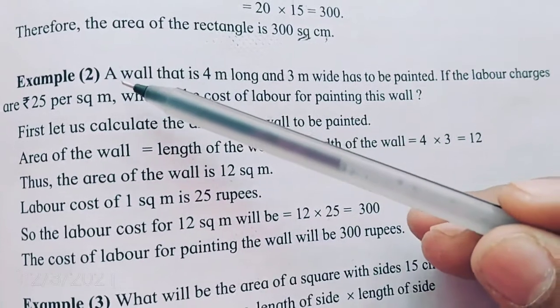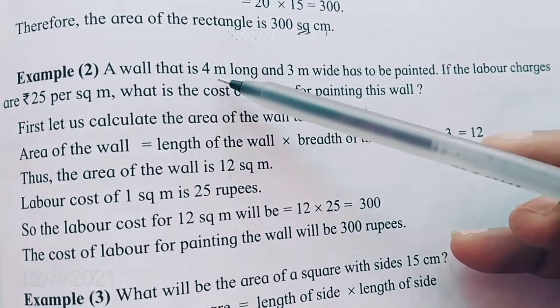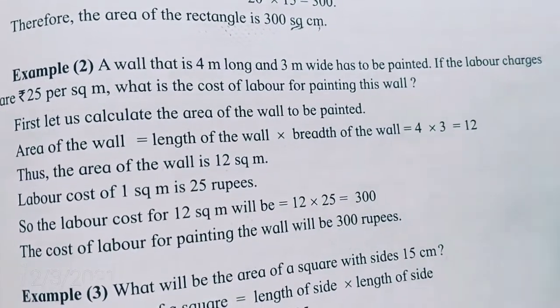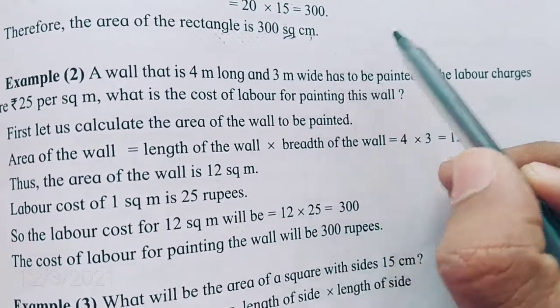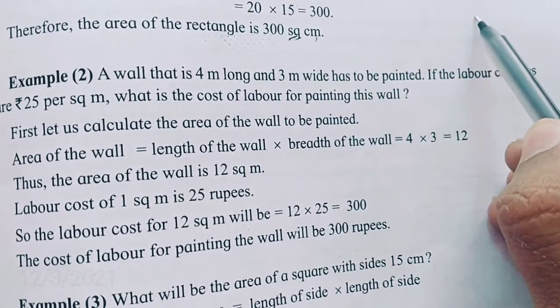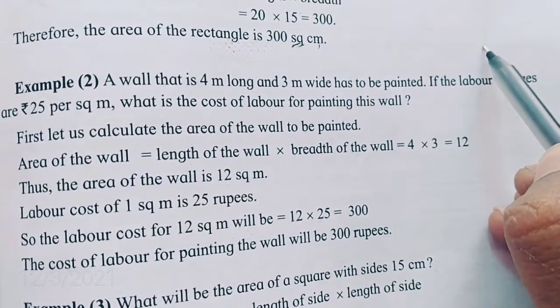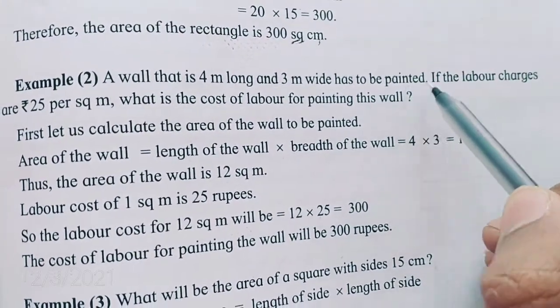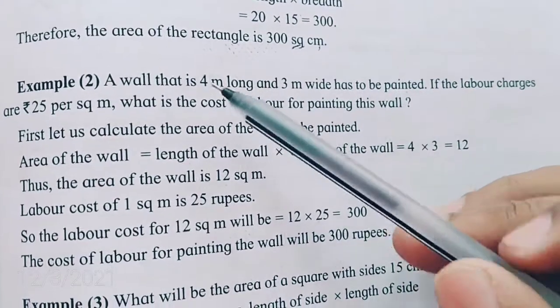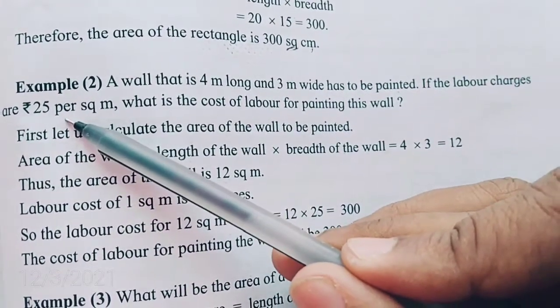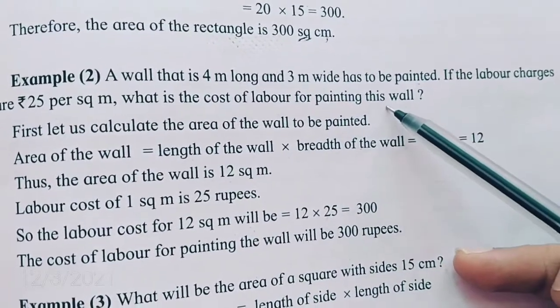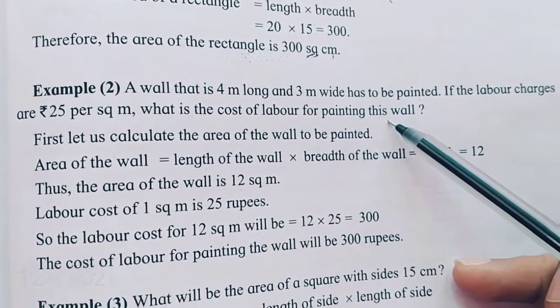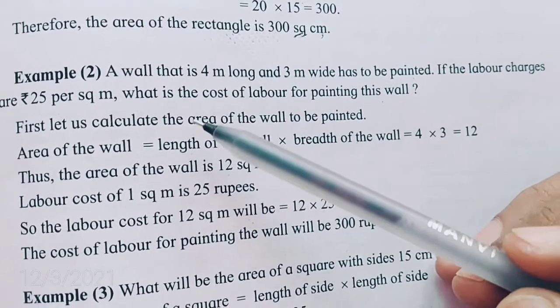Second example. A wall that is 4 meter long and 3 meter wide has to be painted. If the labor charges are 25 rupees per square meter, what is the cost of the labor for painting this wall? So how will you solve this problem? Just look here.